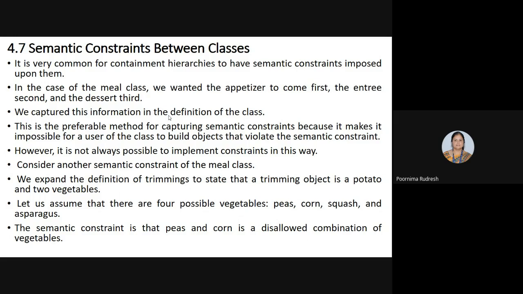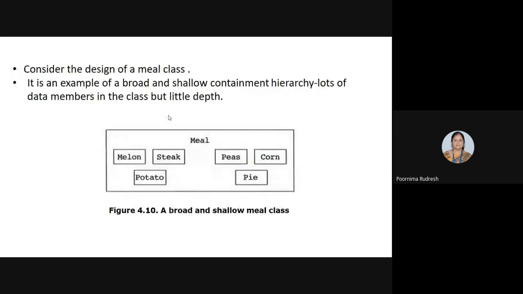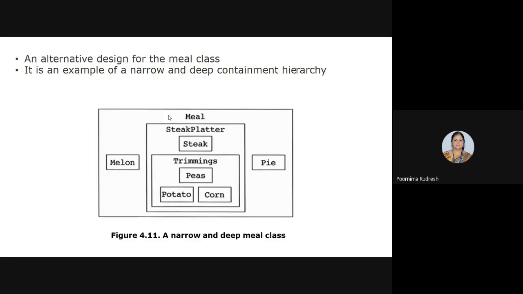In the meal class, if you want the appetizer first, then the entry next and the dessert at last, so here our requirement is in the meal class that we discussed in the previous case, right? So this is the meal class. It consists of melon, steak, potato, peas, corn, pie, and another containment hierarchy.